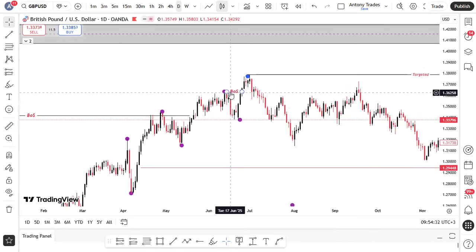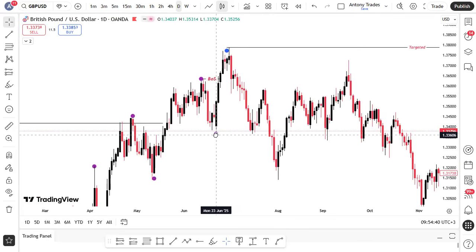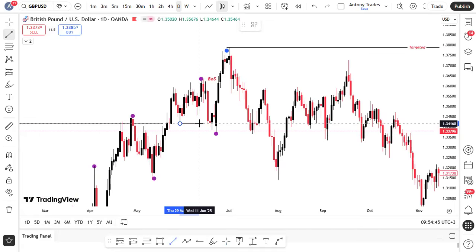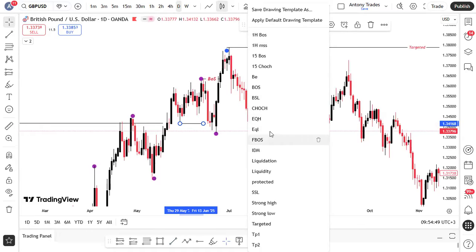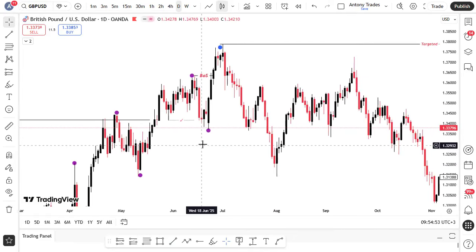Okay. Now the next question we should ask ourselves is, is this a strong break of structure? Of course, that is a strong break of structure, since it swept liquidity below this low before giving me that break of structure. We were not expecting this low to be taken out because this was a strong low.